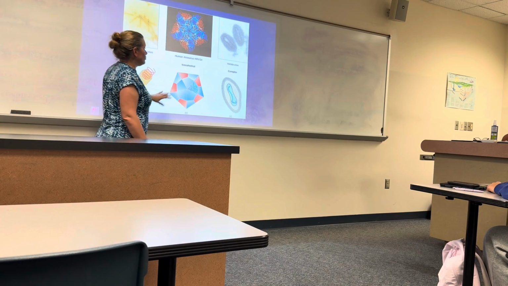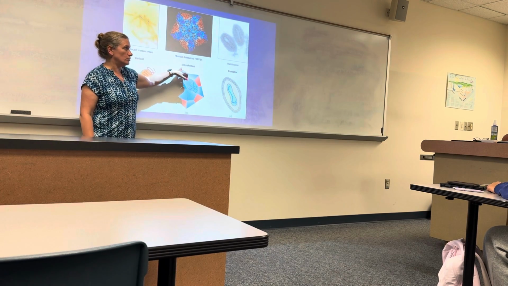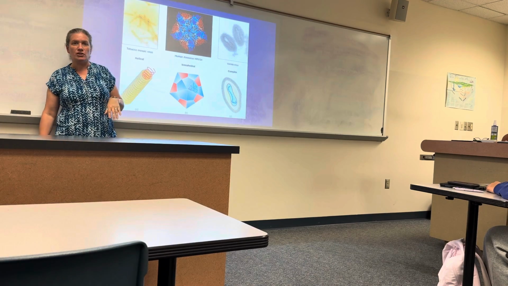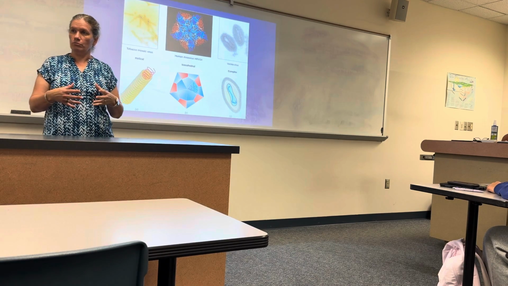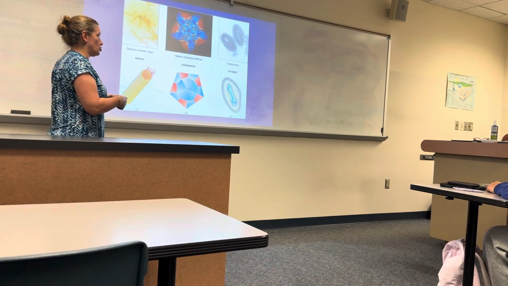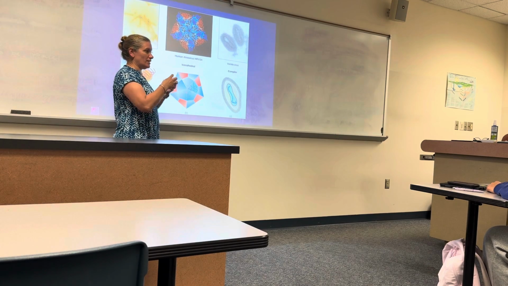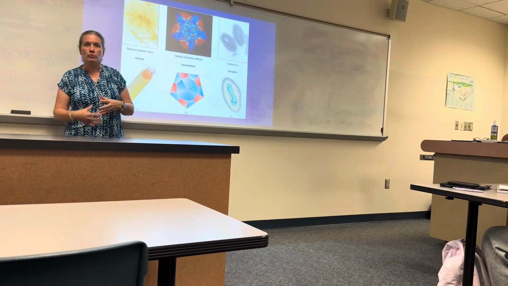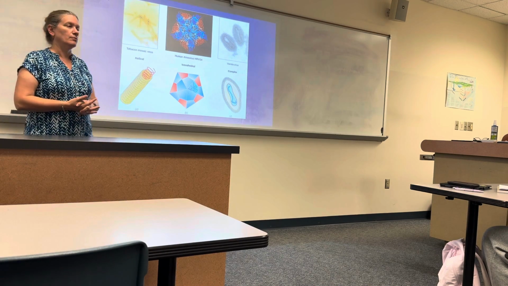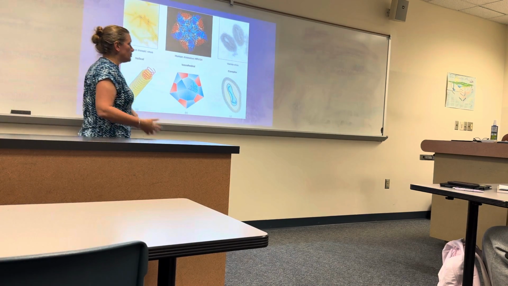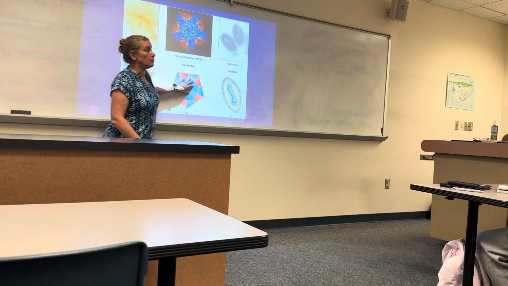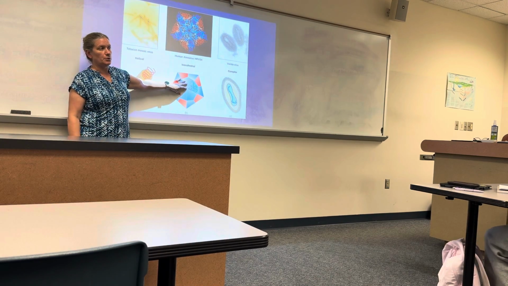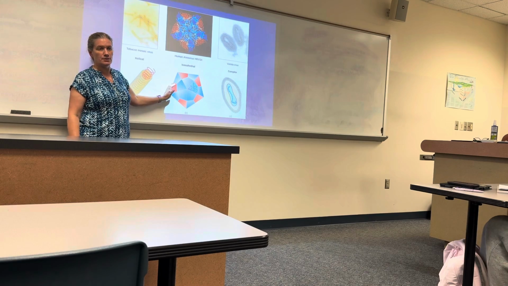The polyhedral is oftentimes an icosahedral. An icosahedral is a 20-sided structure. So the exact same shape, 20 times, fit together to give you this sort of polyhedral structure. And then the complex, and again, this can be with or without an envelope. These are just showing the nucleocapsids.